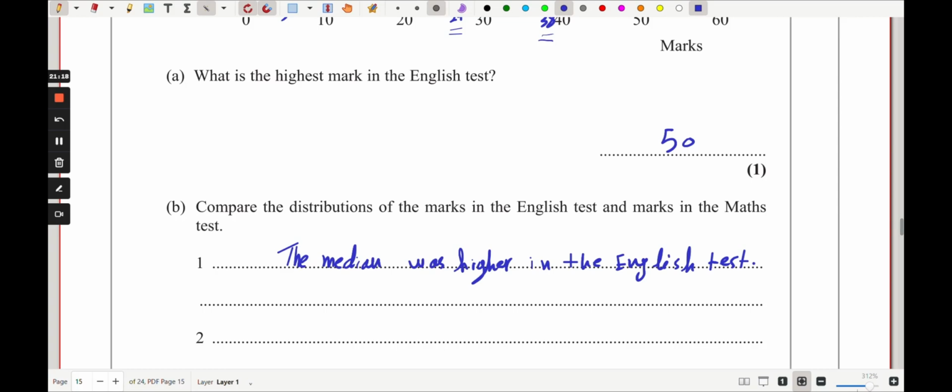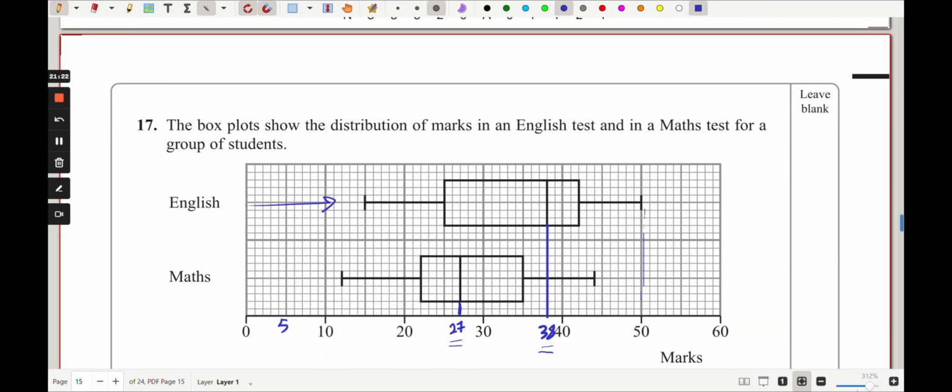And the quartile range here also it's clear. So the quartile range, here we have 50, and here we have 15 for English.